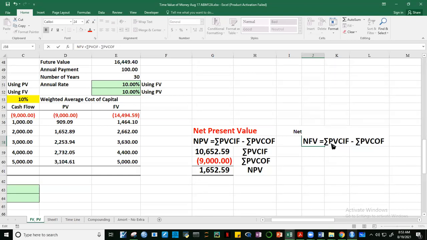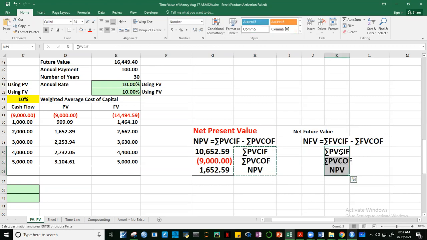So this is the future value of cash inflows minus the future value of cash outflows. Yeah, so let's copy this.